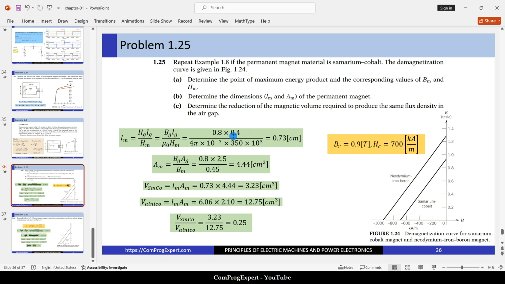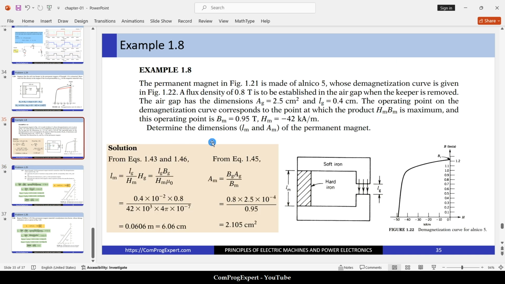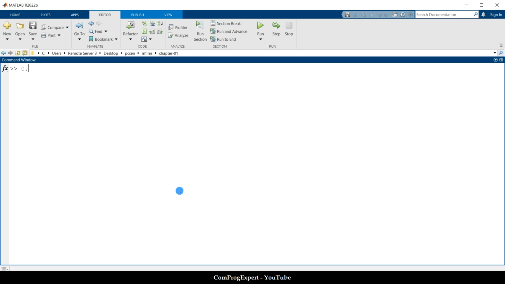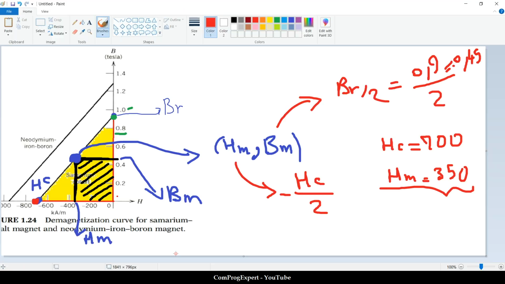So let's consider the energy product here. What is the value of the energy product? 0.95 times 42 is 39.9.